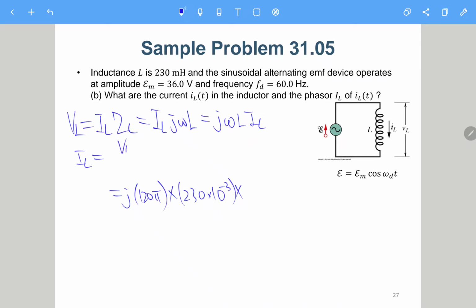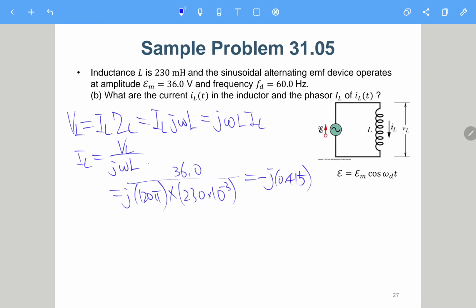So IL will be VL over j omega L. So 36.0 is VL, and this is j omega L. So in this case, this is a negative j 0.415.